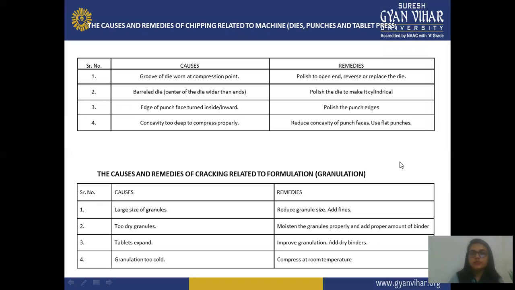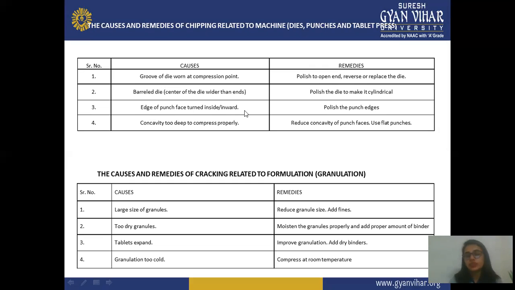Next is problems with dies and punches, again. First problem is grooving of the die at the compression point, and for this problem the remedy is to polish the open end, or completely polish that open end and reverse or replace the die. Second is a barrel die, with the center of the die wider than the ends, and polish the die to make it cylindrical. And third is engagement of the punch head inside and inward.